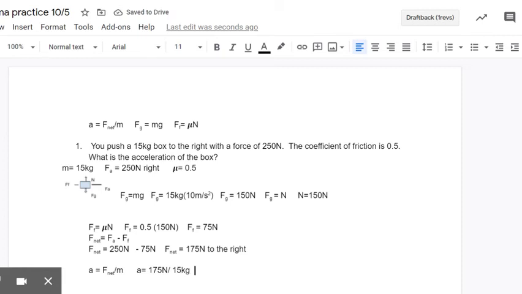And then just with a calculator, I do 175 divided by 15, and the answer I get is 11.6 repeating. So my answer is 11.7 meters per second squared.